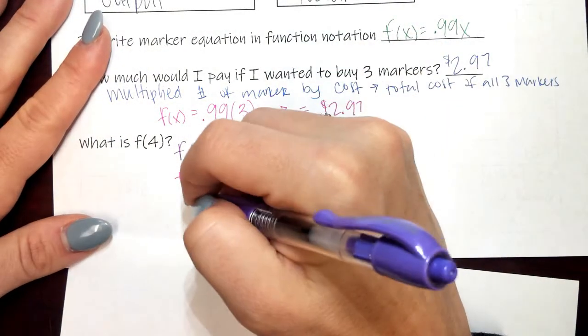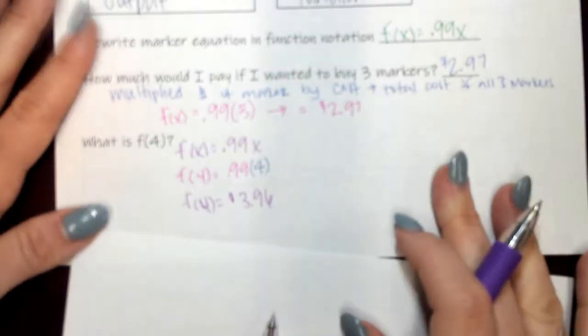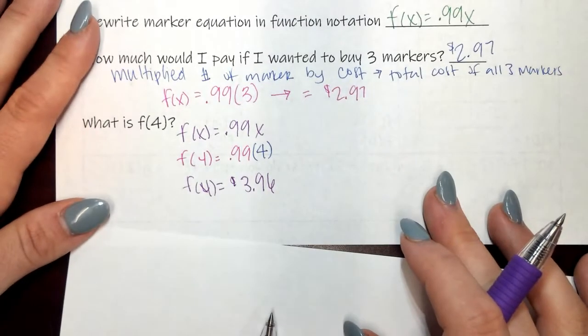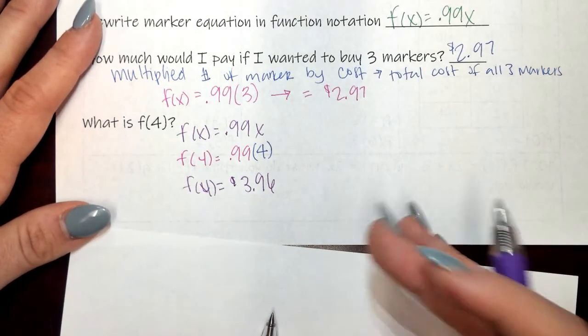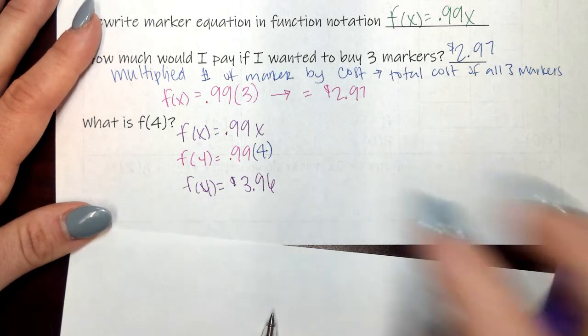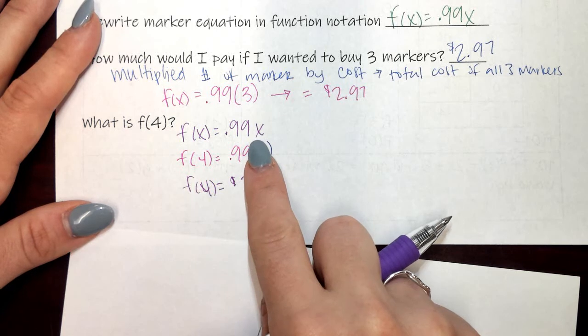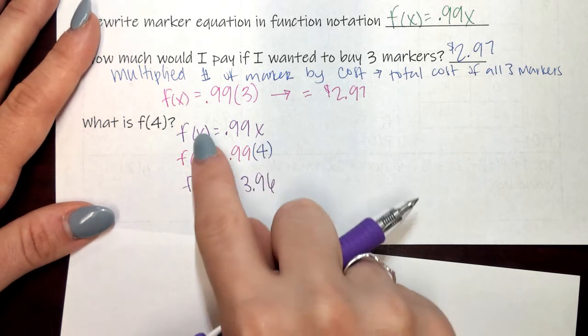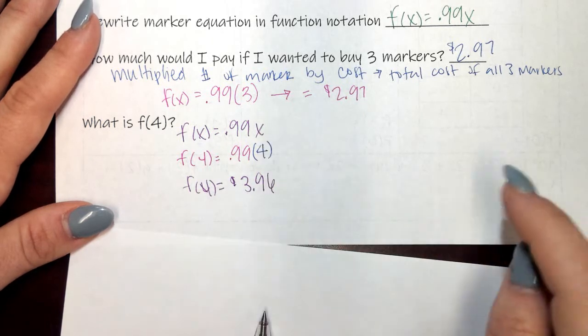And when we do that, f of 4 equals 3.96. So if you get something that says evaluate the function f of x equals 0.99x for f of 4, all we're doing is replacing that x with that number everywhere we see x.